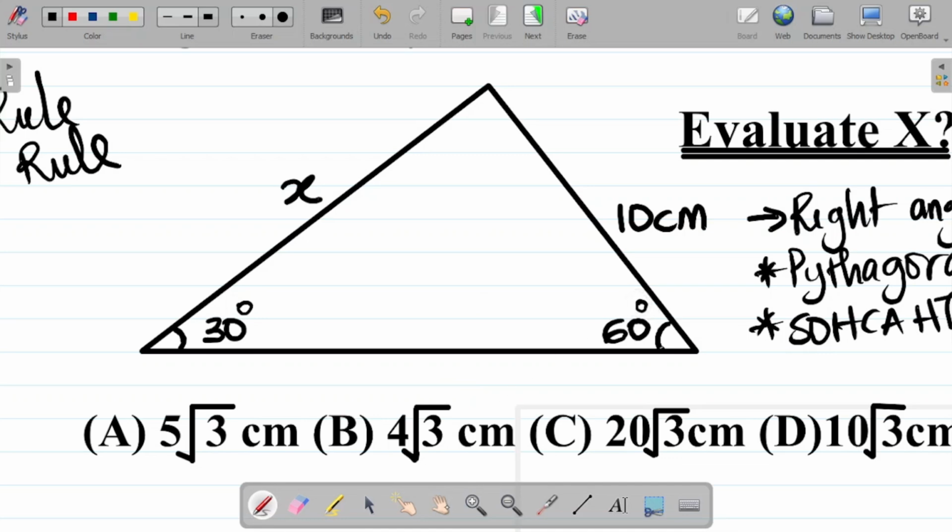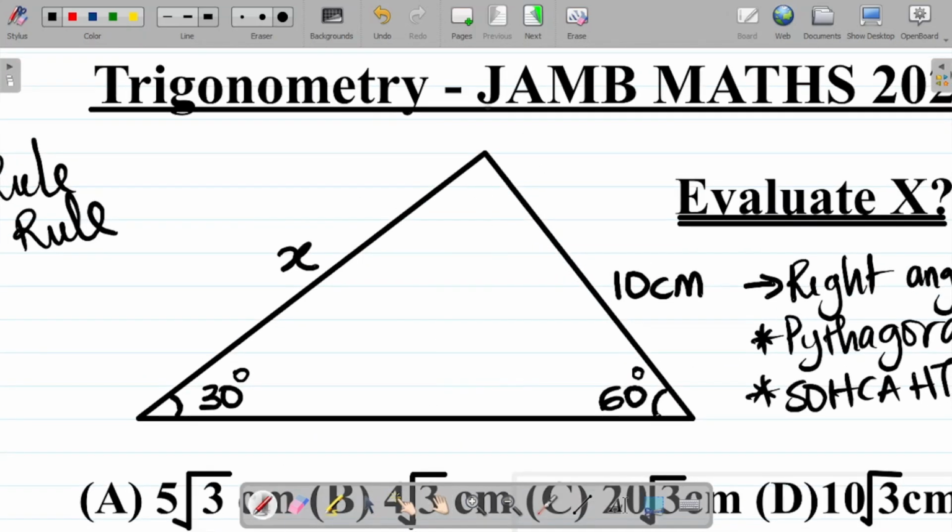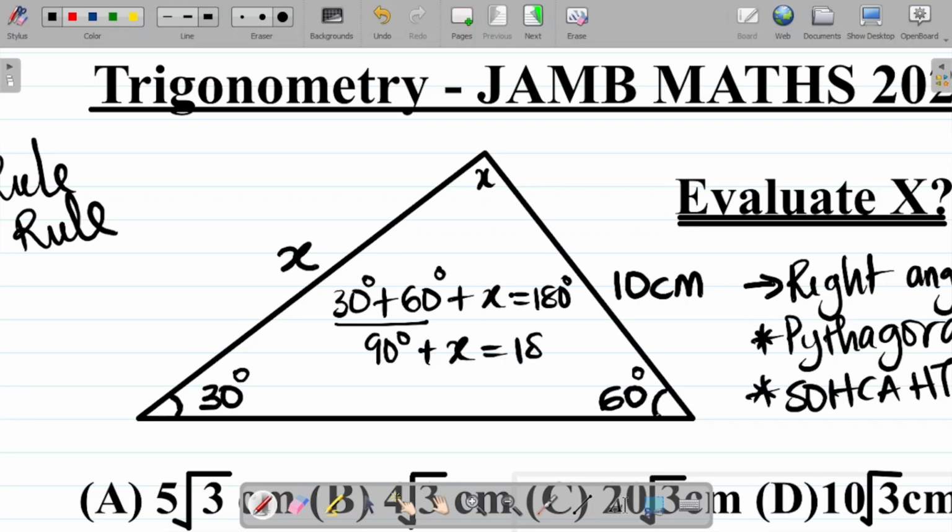That means for this question, the angle up here is unknown. Let's call this unknown angle x. We'd have that this angle 30 degrees plus this angle 60 degrees plus this angle x is equal to 180 degrees. 30 plus 60 gives 90 degrees, plus x is equal to 180 degrees.